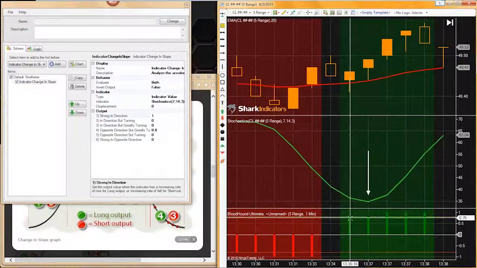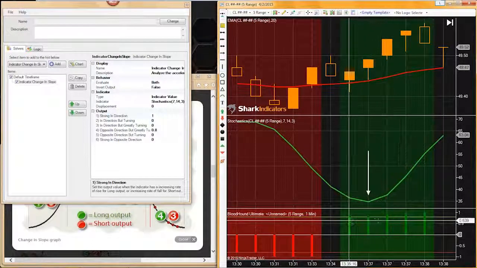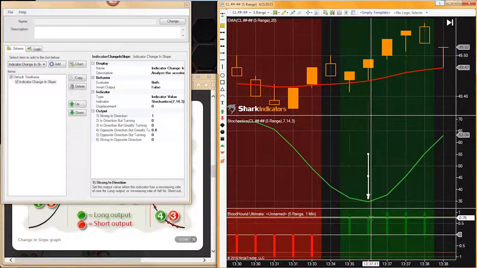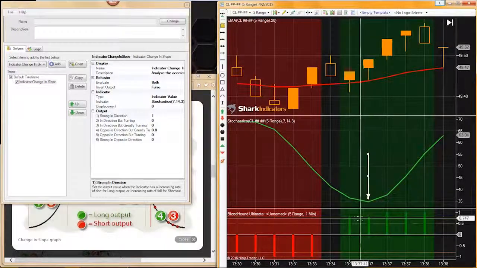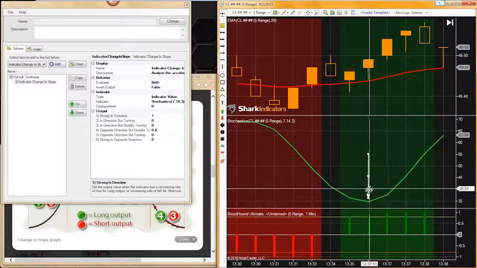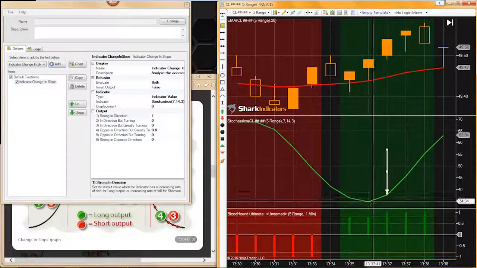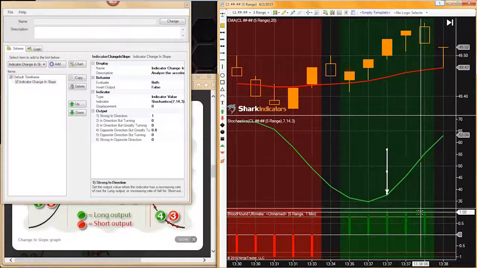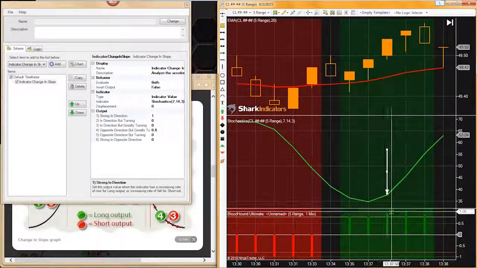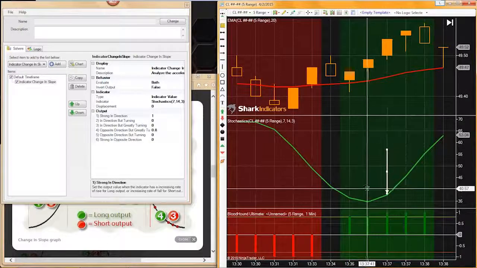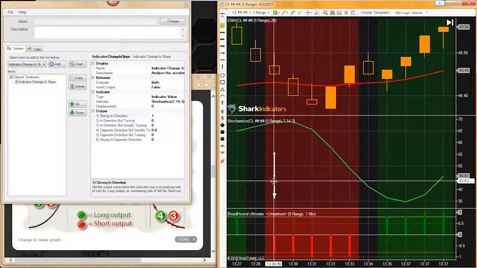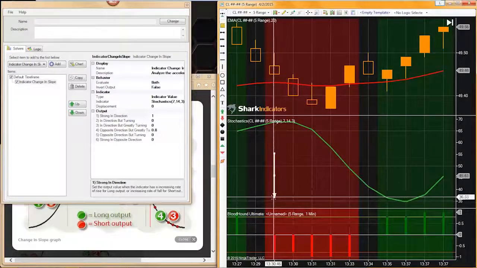If you look at the outputs on the long side, you can see that the first 2 only correlate to 0.8, so that's just giving me a little warning. And then as the stochastic actually is sloping up, I get a full value of 1, or 100%. And of course, same for the short side.